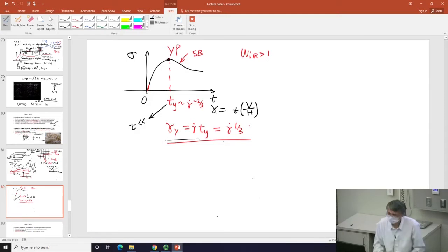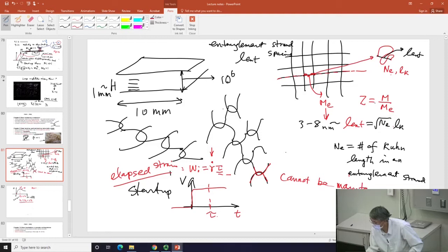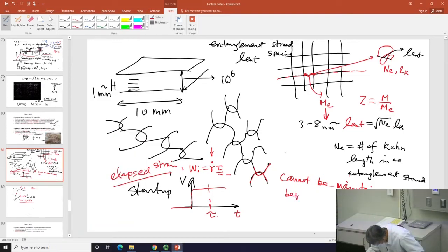In other words, this interaction cannot be maintained. The entanglement cannot be maintained beyond gamma y, beyond that stress maximum.